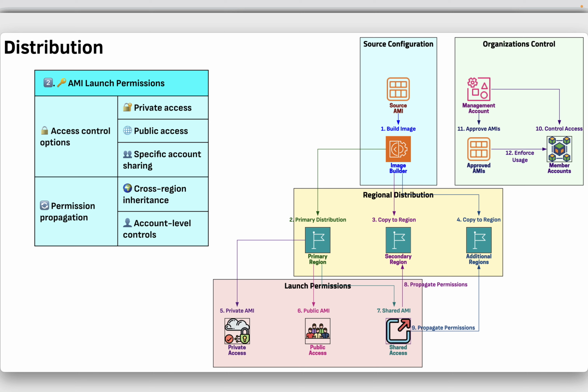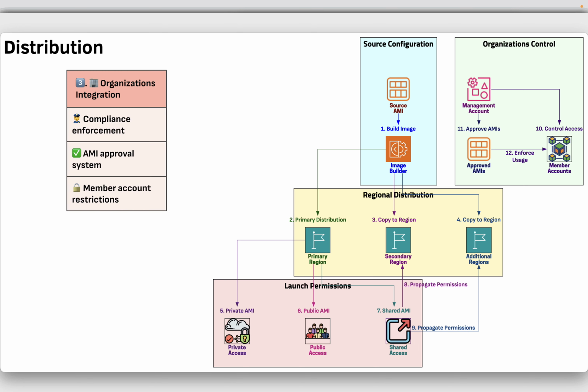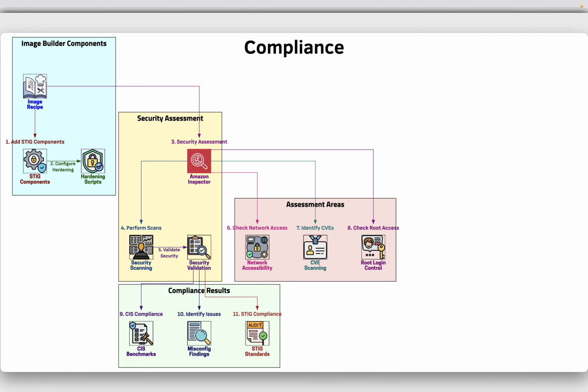The platform offers flexible AMI launch permission controls, enabling users to define access levels as private, public, or shared with specific accounts, with these permissions automatically propagating across all regions where the AMI is distributed. AWS Organizations integration provides enhanced control over AMI usage, allowing organizations to enforce compliance by restricting member accounts to launch instances only with approved and compliant AMIs, ensuring standardized deployment practices across the organization.